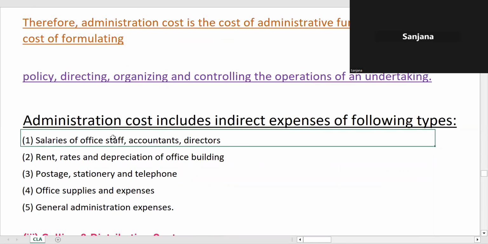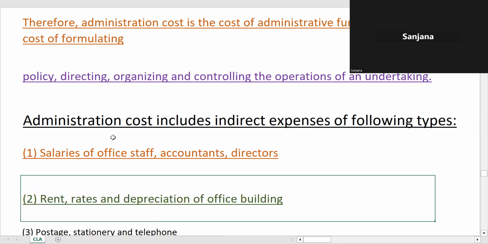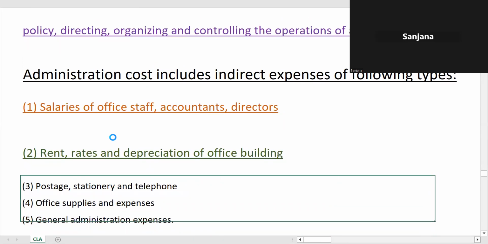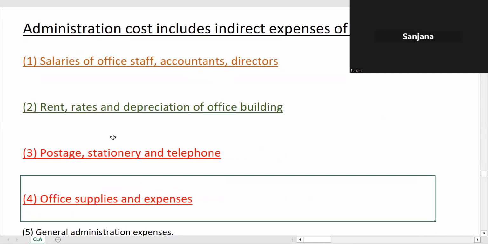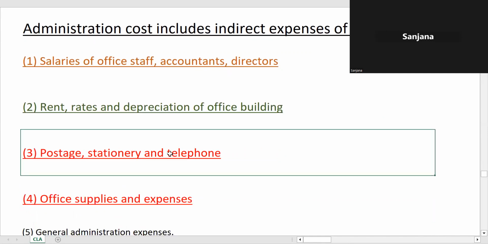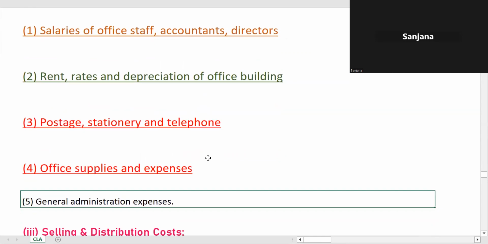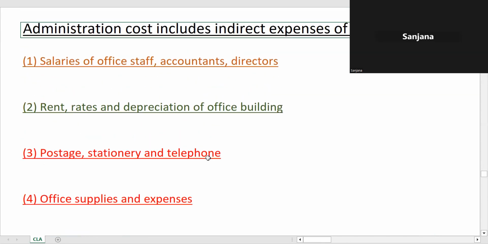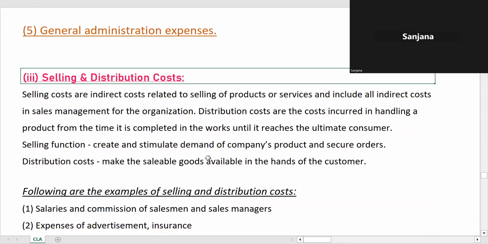Number one, salaries of office staff, accountants, directors, rent, rates and depreciation of office building, postage, stationery and telephone, office supplies and expenses. Postage and stationery are normally for office use. So general administration expenses all come under administration cost, right? Last is selling and distribution costs.